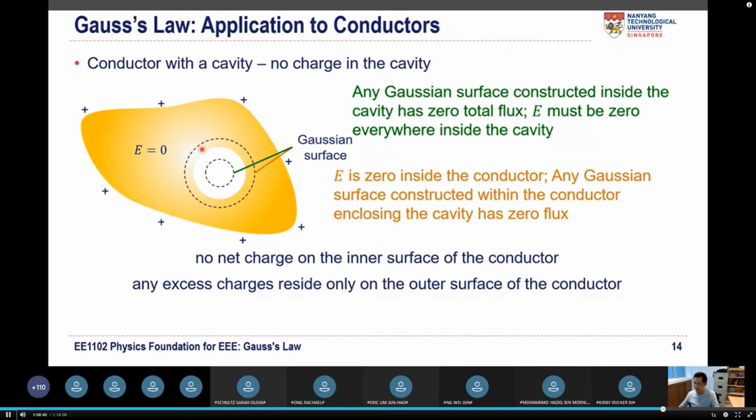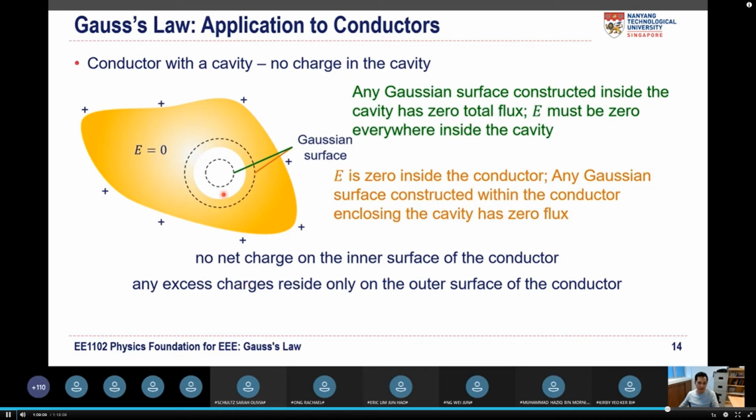Inside a conductor. And we already discussed that inside a conductor, the electric field is always zero. So any Gaussian surface that is constructed within the conductor has to have zero flux, because the electric field is zero, okay?